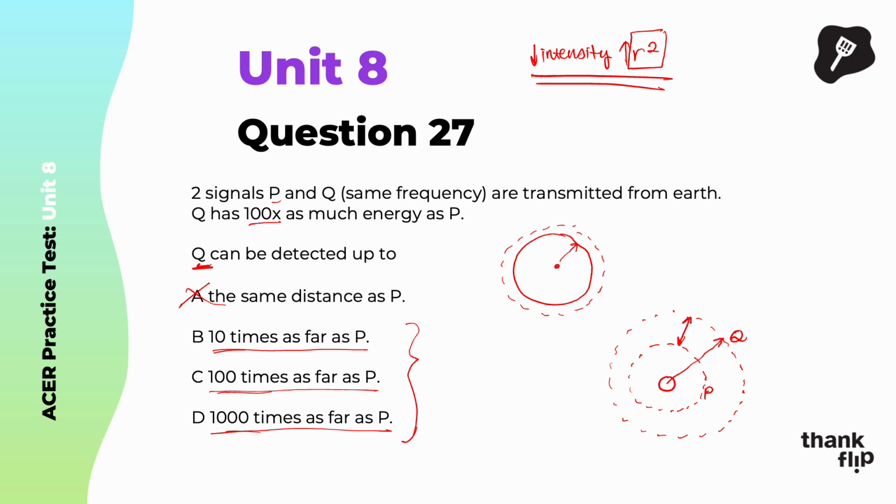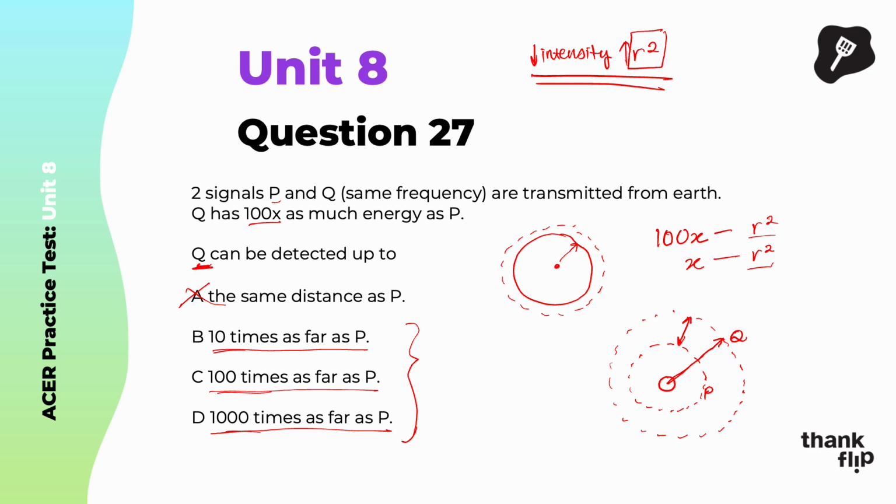And so if you have 100 times as much energy, so 100x, and then P has just x, right? And we're relating this to r squared. We want to find out r. We don't want to look at r squared. That doesn't really tell us anything about the actual distance, right?